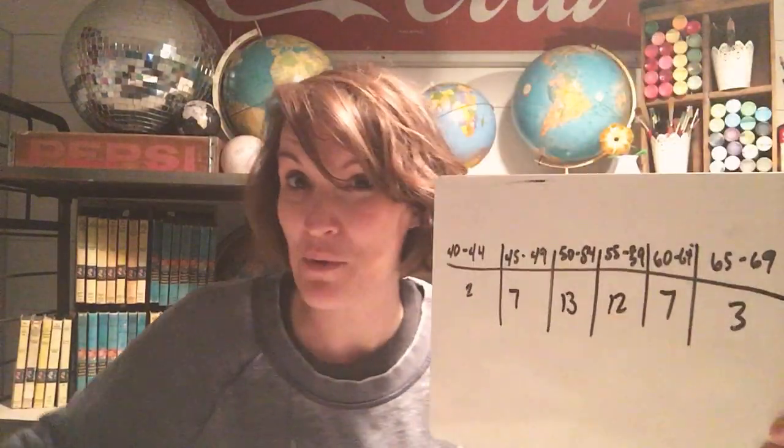The third interval is 50 to 54, then 55 to 59, 60 to 64, and 65 to 69. So basically, the same intervals that were on my chart are now at the bottom.